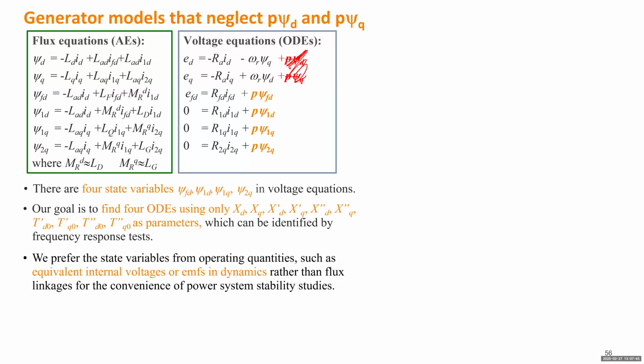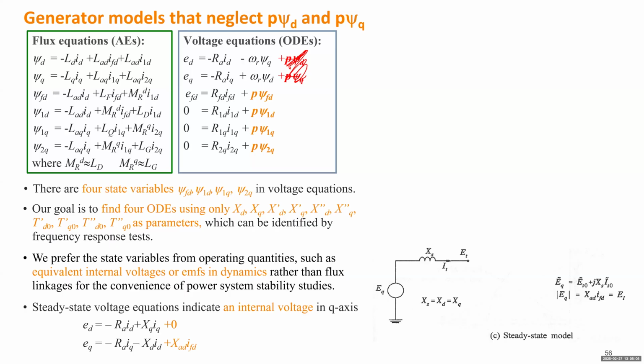It's not that clear. So we want to introduce some useful state variables from the operating quantities. Operating quantities means any quantity the operator or planner will utilize to understand the system condition, like voltage, current, power, and also frequency. Those are operating quantities.